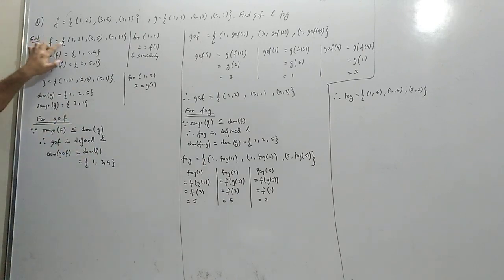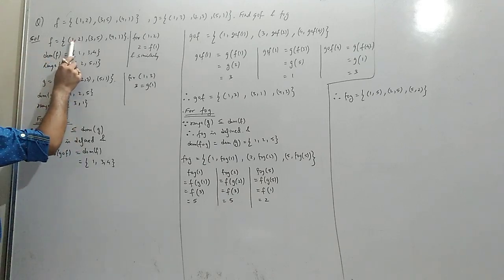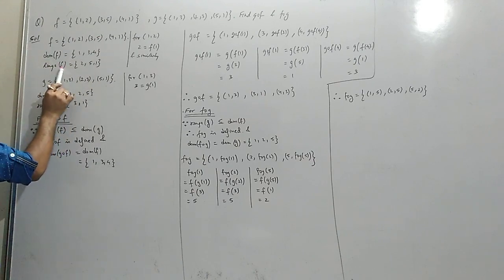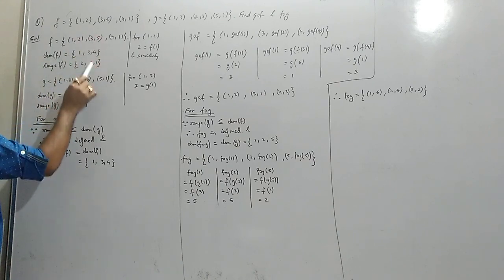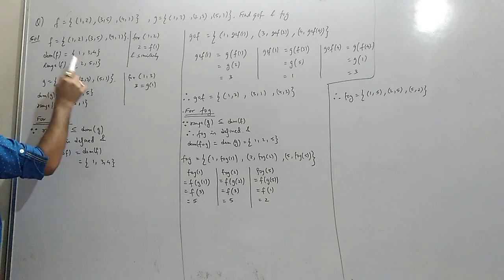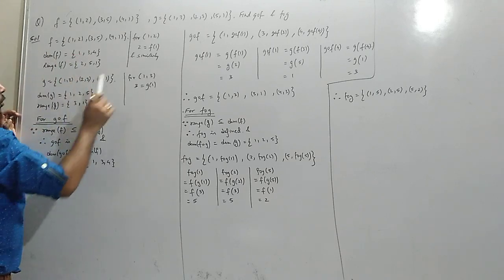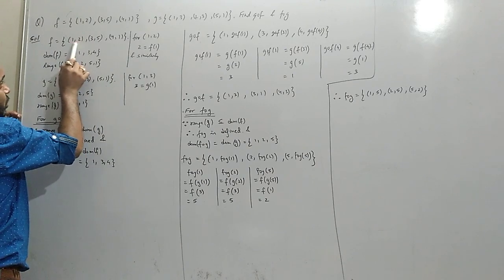First F, I have written the function as given. Now what is domain of F? First elements: 1, 3, 4. What is range of F? Second elements: 2, 5, 1. They are inside braces because they are sets. And one more thing you need to understand, which I have told you. (1, 2): how to remember this? This is a function.